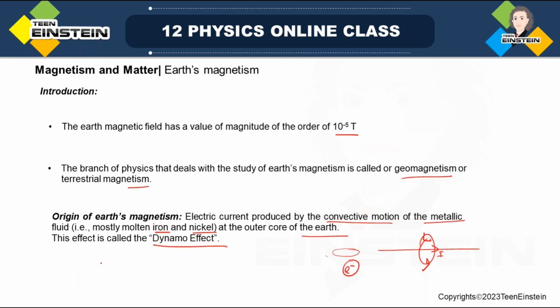Unpaired electron is the actual origin of magnetism in any matter, any material.